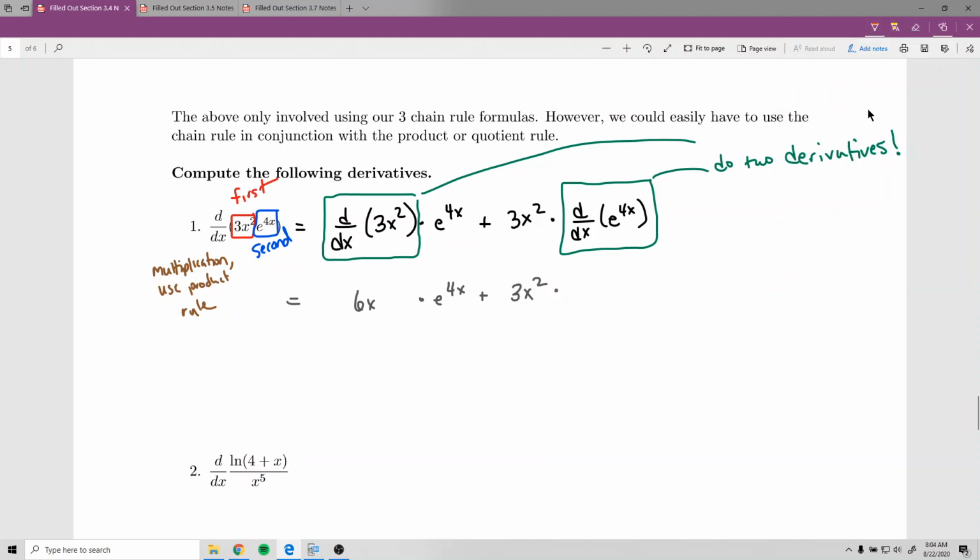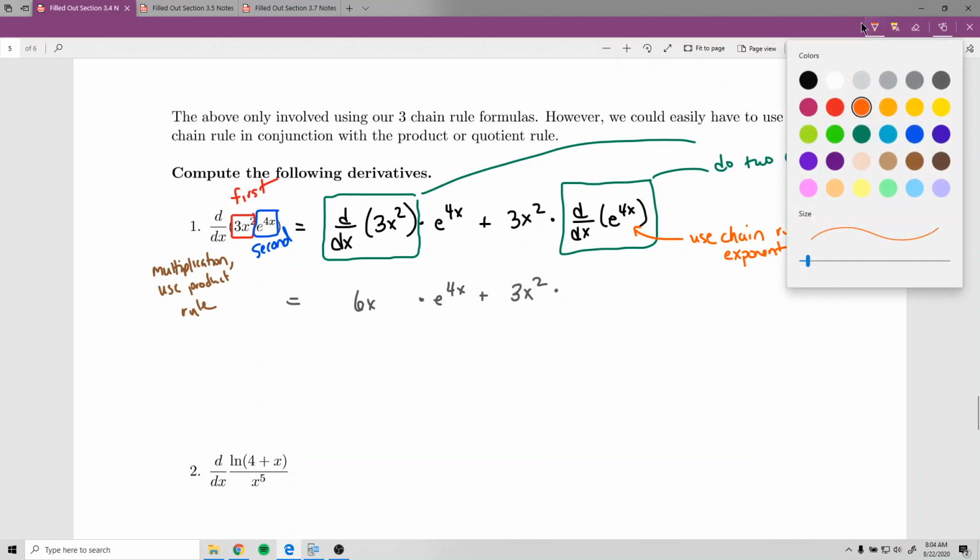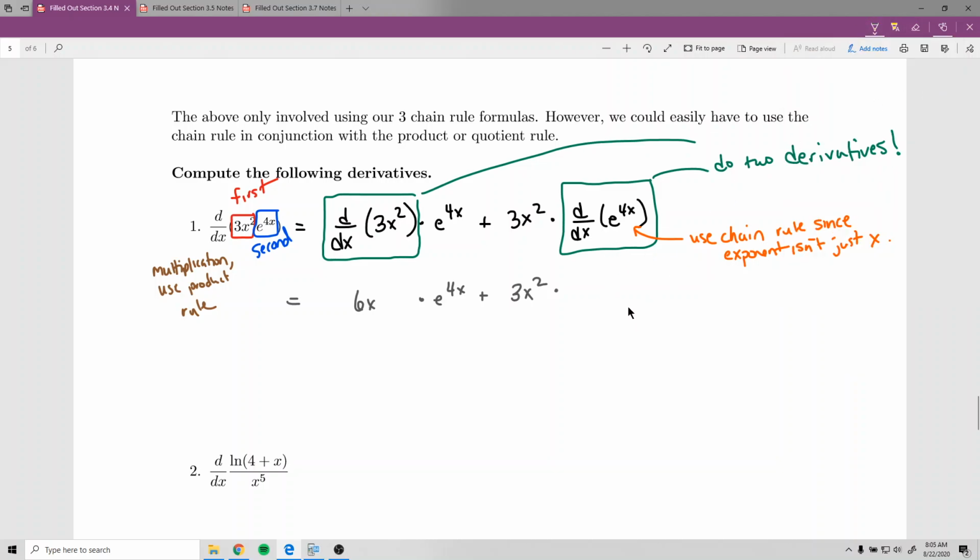And then the derivative of e to the 4x, we must use the chain rule here. That's the new part. This is the only new part in this problem. We must use the chain rule here because the exponent isn't just x. The derivative of e to the x is itself, so we just rewrite itself.